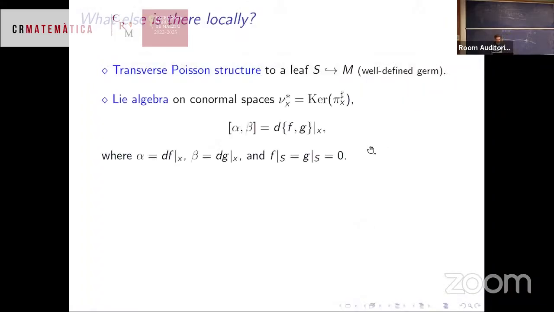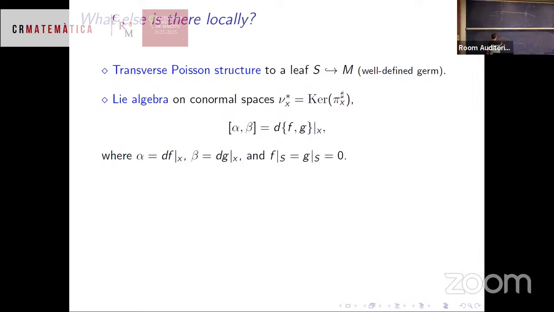Anyway, there's something else, not unrelated, that you find locally: a natural Lie algebra structure on the conormal spaces to a symplectic leaf. If you have a point x, take the symplectic leaf through this point.